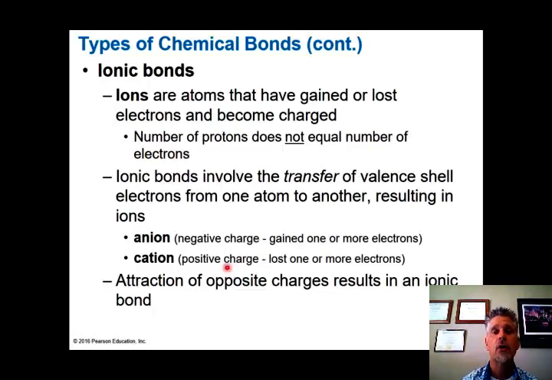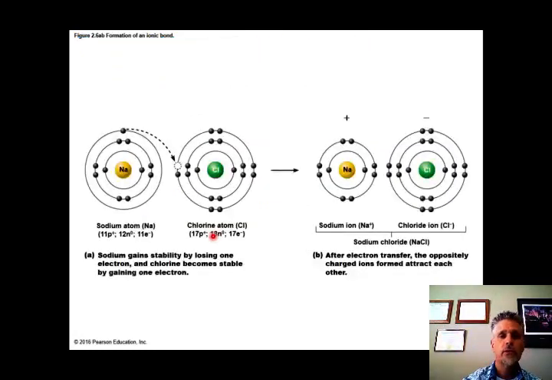It has a positive charge because it's lost a negatively charged electron, 1 or more, as opposed to an anion, which is gaining all these negative things and becoming more and more negative. And so just like in relationships, for these molecules and these bonds, opposites attract. So something that has a positive charge, a cation, is going to be attracted to an anion with a negative charge. So that's what we see here.